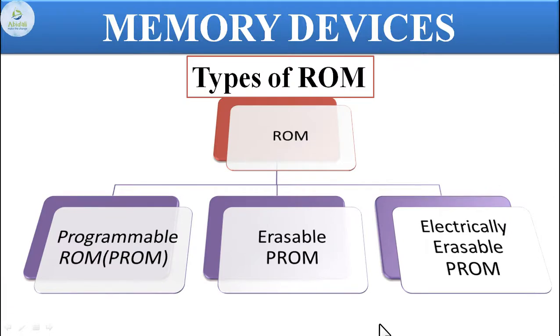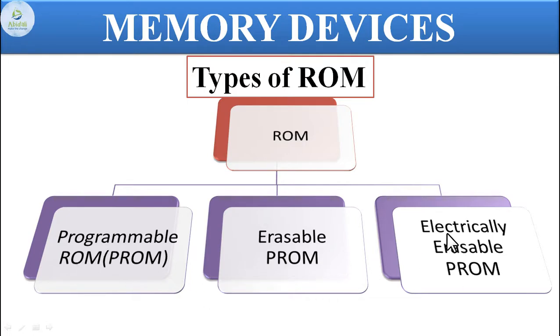There are different types of ROMs that we are going to talk about. That was a 2-mark question related to this particular subtopic. What are the different types of ROMs we have? We have PROM, where P stands for programmable, and you already know that ROM stands for read-only memory. So programmable read-only memory, EPROM, erasable programmable read-only memory.